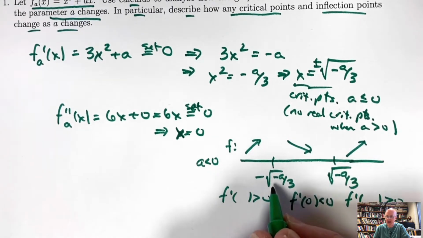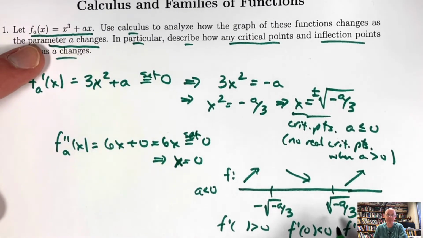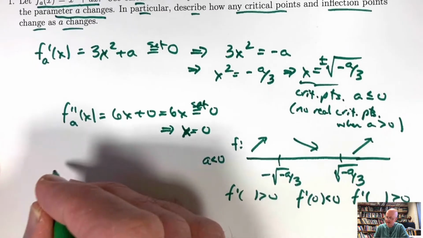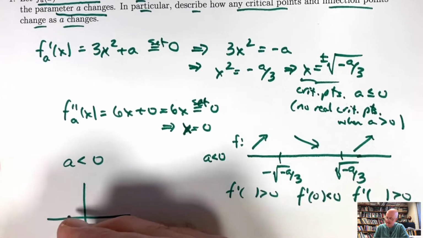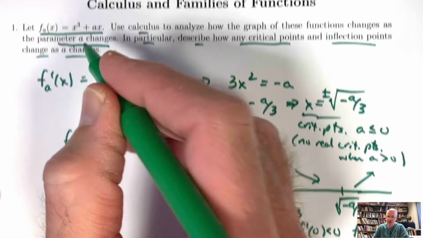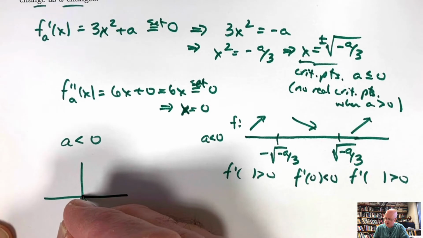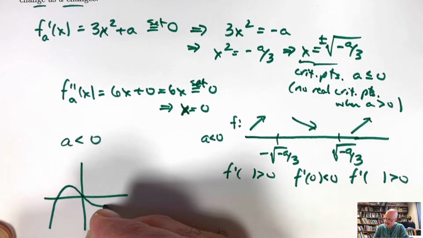So we have a local max there and a local min there. You could know that also by thinking about the fact that this is cubic with a positive leading coefficient as well. So in the case where a is negative, the graph is going to look like this. It also goes through the origin. It's also an odd function. You can pretty quickly surmise from that the graph is going to look about like this.